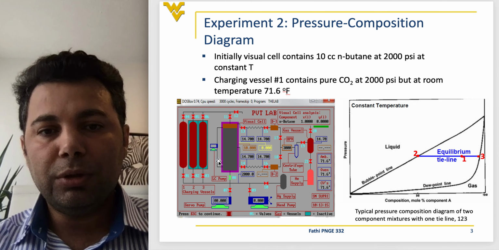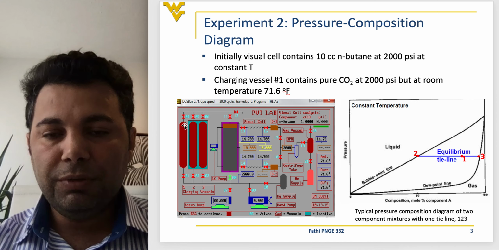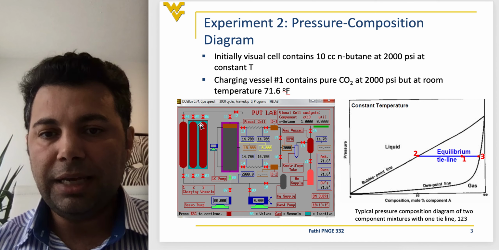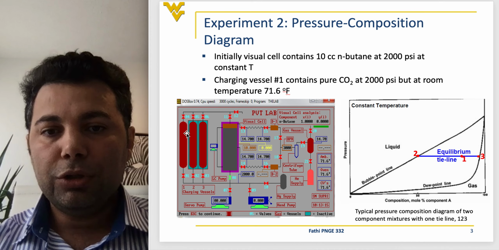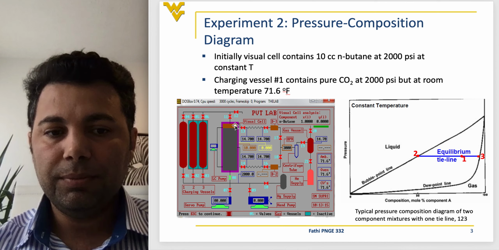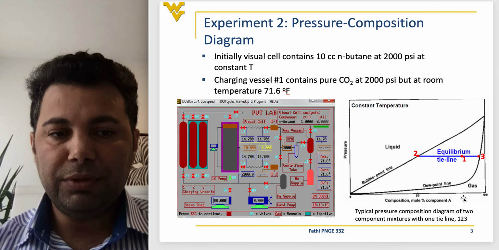So again, we are going to use our PBT lab simulator. This time, if you look at the graph, you will see one of these tanks is out of the cabinet. This tank is now available for us to perform the lab. We are going to have the N-butane individual cell, and then we are going to add CO2 to this N-butane and generate different mixtures.